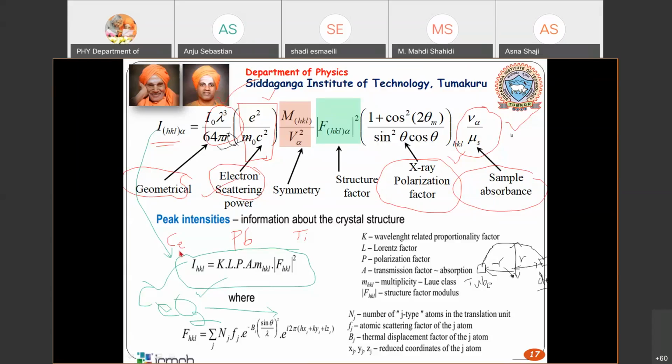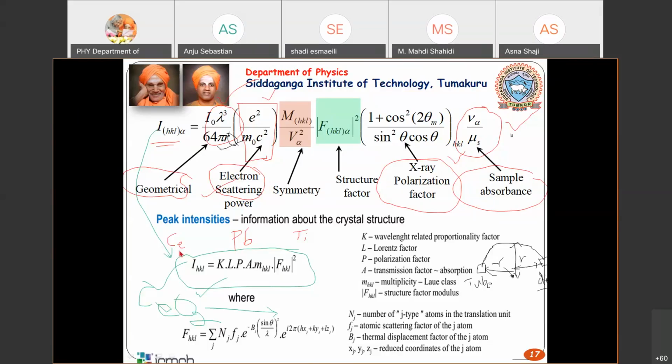Then there is one more thing, which is thermal displacement. What is this thermal displacement? For example, if I take CeO2, cerium is a heavy element compared to oxygen, right? Cerium will be in a more stable state compared to oxygen. So if I start heating this sample, that means if I give some thermal energy to this sample, the oxygen atoms would move faster compared to cerium.